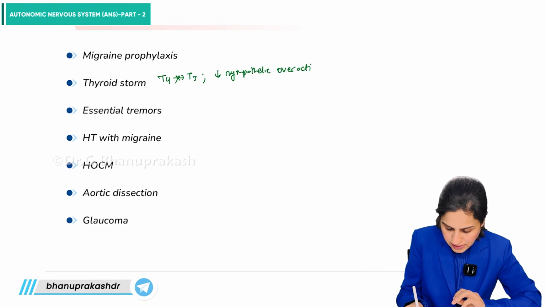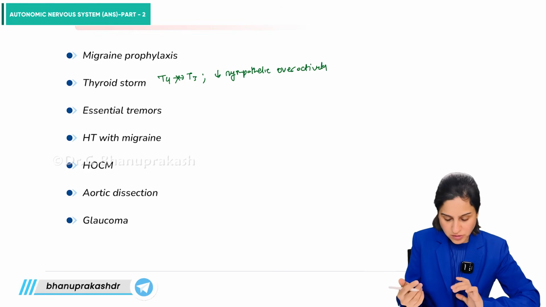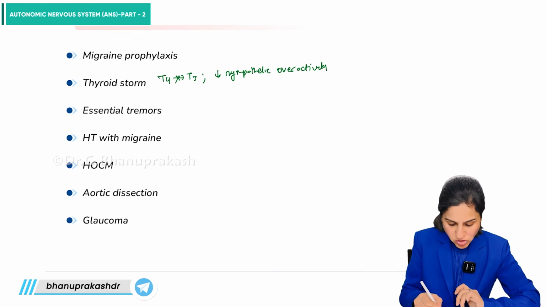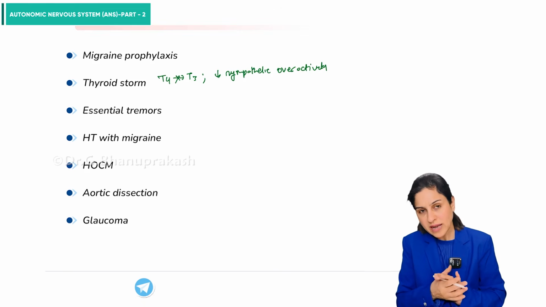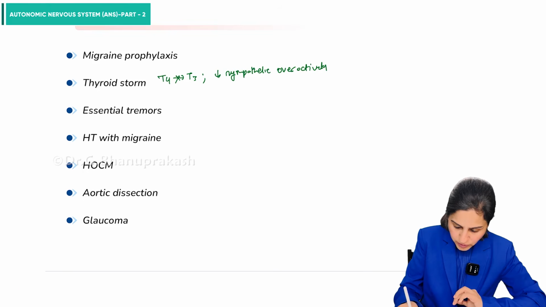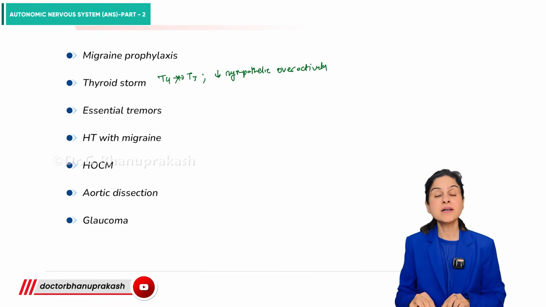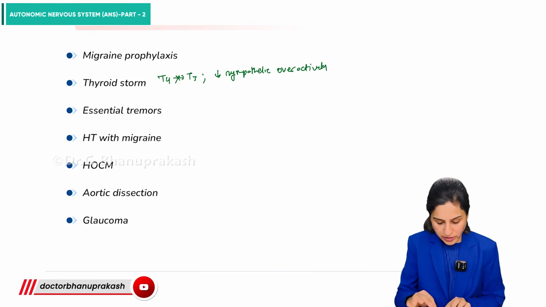So all this is taken care of by beta blockers. Essential tremors because of the beta 2 action, and hypertension with migraine because they are very effective in prophylaxis of migraine. So for all these, the most important drug is propranolol. So propranolol is the one drug which can be used for all of this.